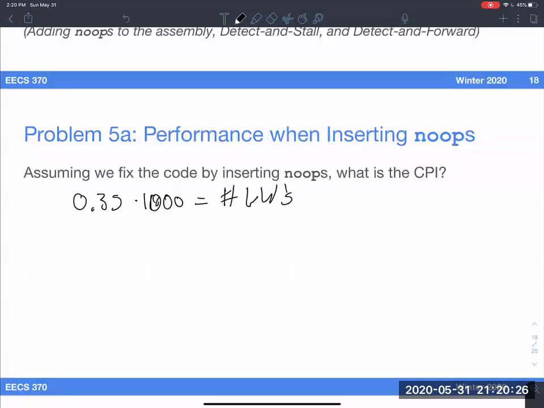So that means we have 0.35 times 1,000. So 350 times 2. So that means for the LWs, we have to insert 700.